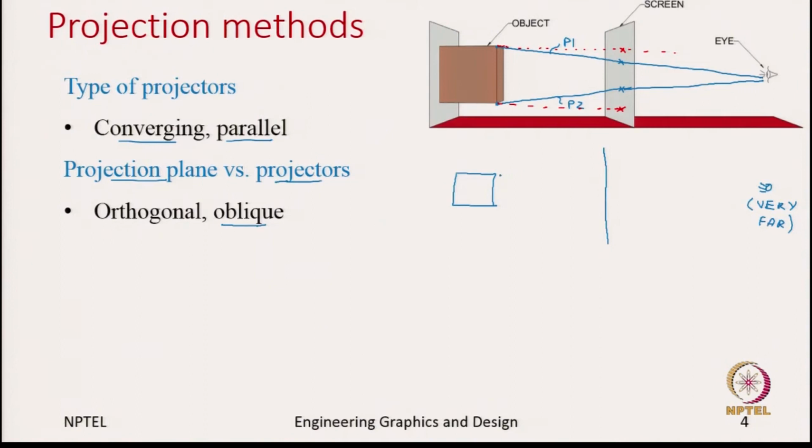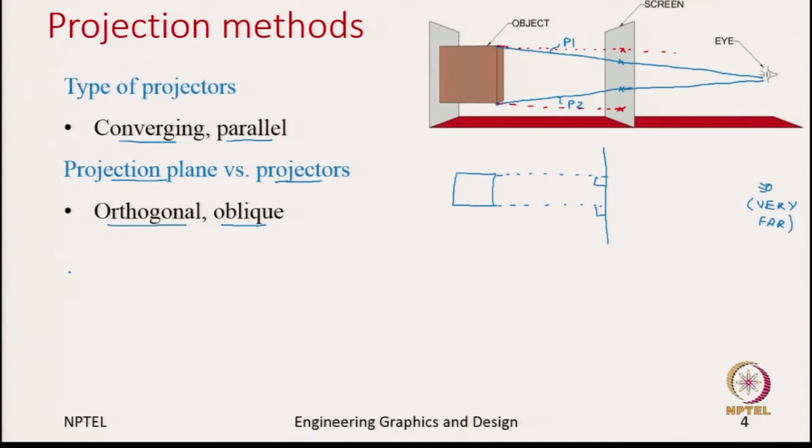So, how do they look? They look something like this. If the observer is looking straight ahead into the object, then these projector lines will make an angle of 90 degrees. So, when these are making 90 degrees, we call them orthogonal.